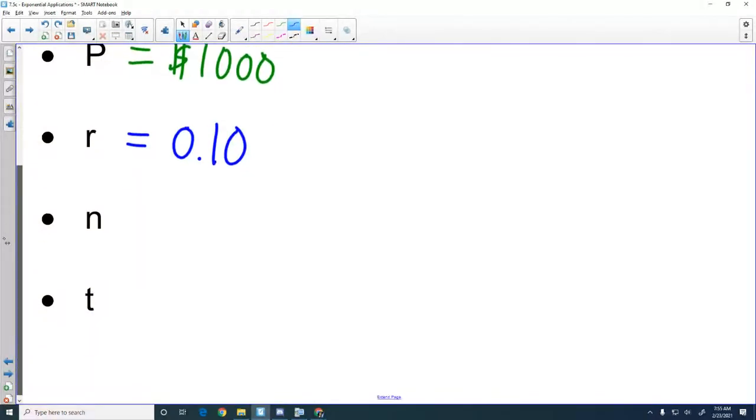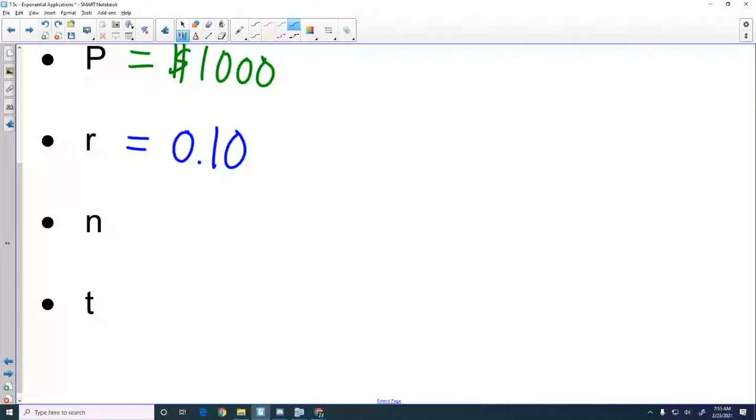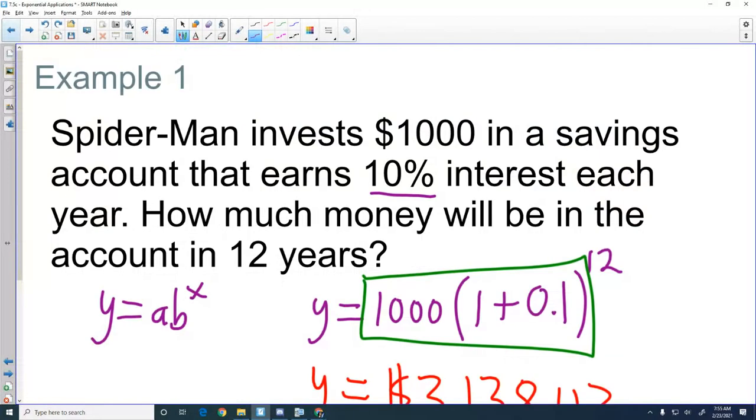Down at the bottom, I'm going to skip N for now. T was 12, right? It was 12 years. But what should N be? N is the number of times interest is applied. So to figure out N, you need to look in the word problem right around the percentage, wherever it gives you that percent sign.